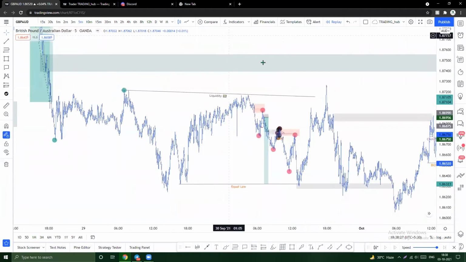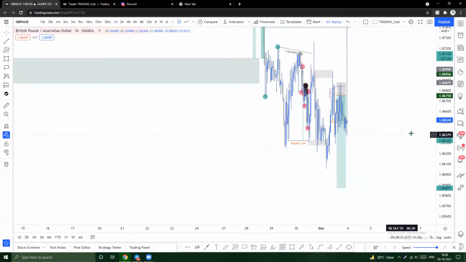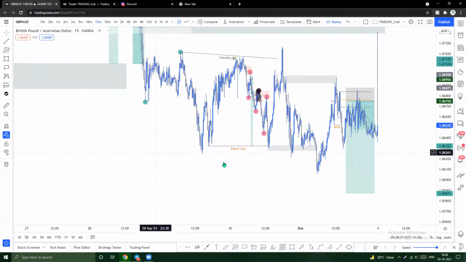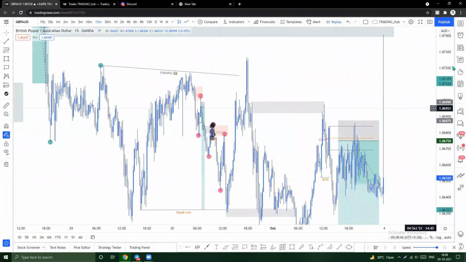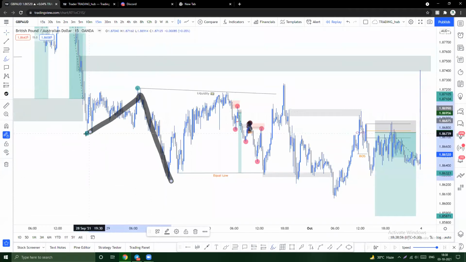And the next trade was here, which I took on Friday. This trade was based on the 15-minute structure. So after hitting the target point, the market pushed to the downside and created momentum to the upside here, and then pushed to the downside.